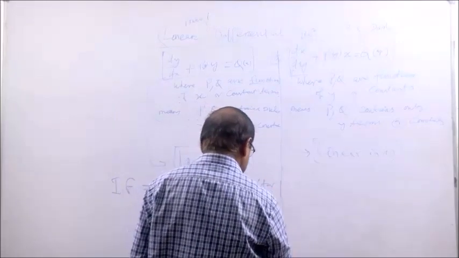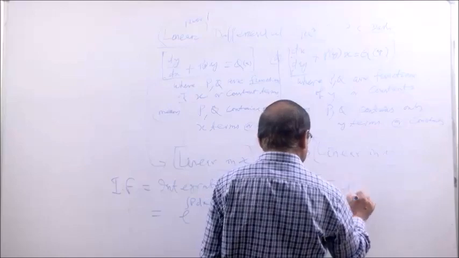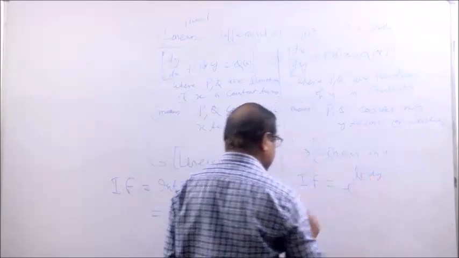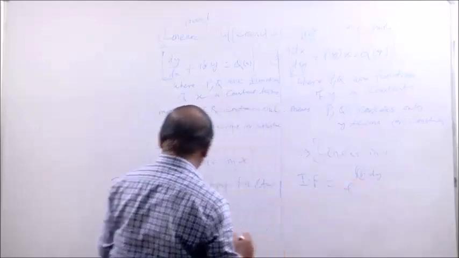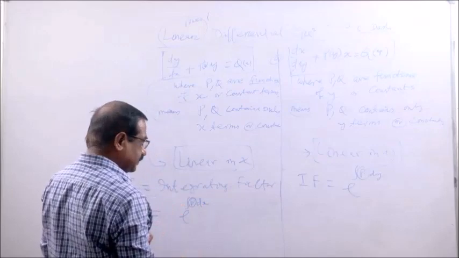Here on this side, IF is equal to e to the power integral P dy. You see, here P is a function of y, so the variable is y. Here P is a function of x, so the variable is x.